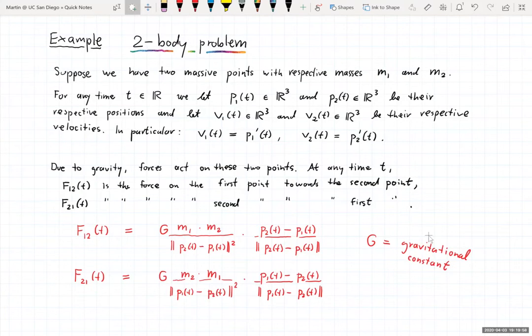So for any time t, we let f12 of t be the force that is acting on the first point, pulling it in the direction of the second point. And conversely, we let f21 of t be the force acting on the second point that pulls in the direction of the first point. Both f12 of t and f21 of t are again three-dimensional vectors.